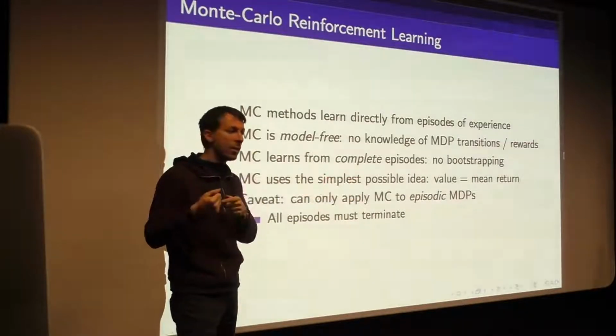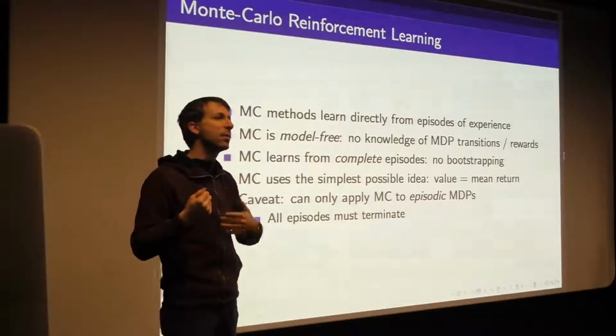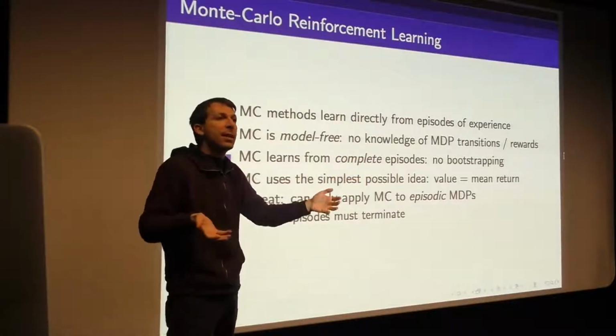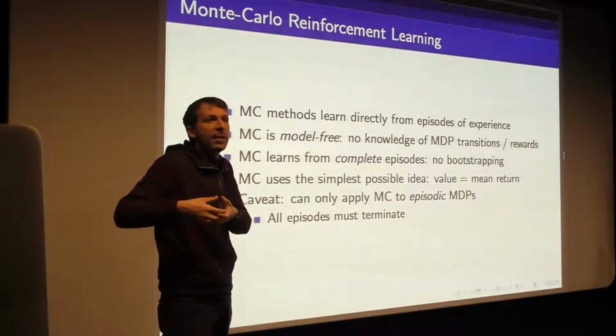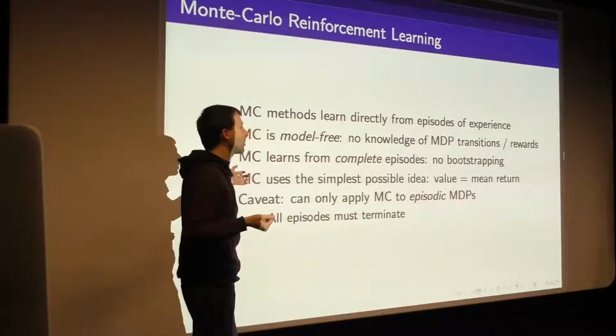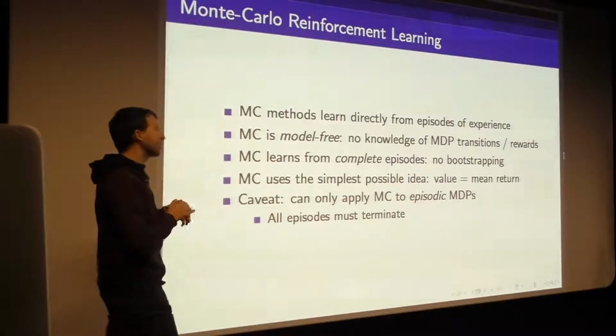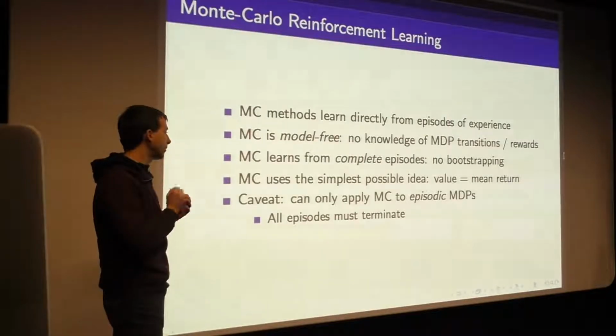So one episode I got a return of 5, the next episode I got a return of 7, so we can already estimate the value function from our start state as being 6, the average of 5 and 7. So we're going to use the simplest possible idea, which is just to look at sample returns and average over them. And that's Monte Carlo reinforcement learning.